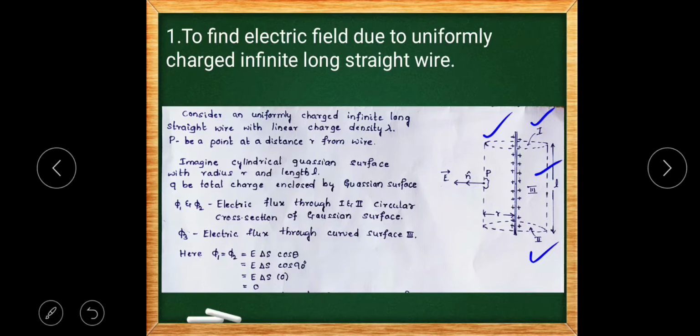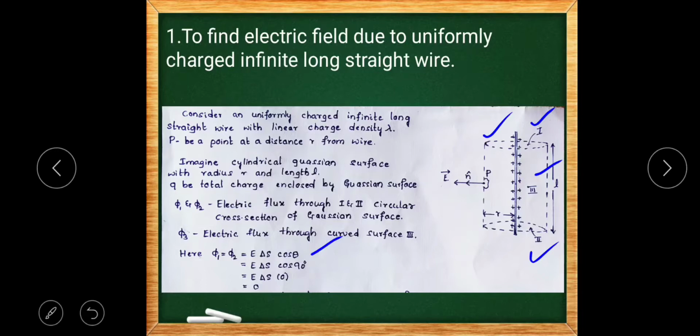Got the point? Okay. Now phi 1 and phi 2 are electric flux through the circular cross sections 1 and 2 of the Gaussian surface, and phi 3 is electric flux through the curved surface 3. Here phi 1 equal to phi 2, and the expression is E delta S cos theta.